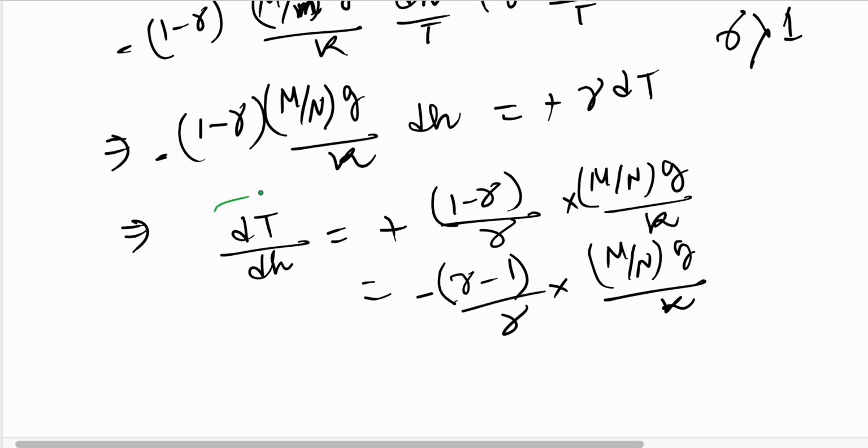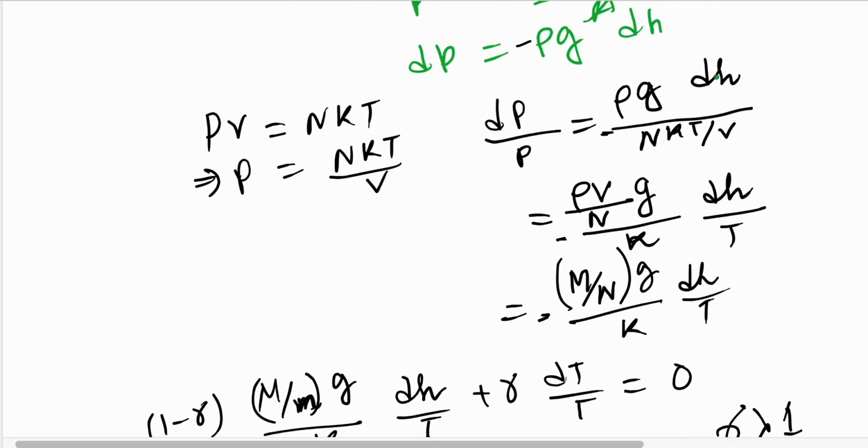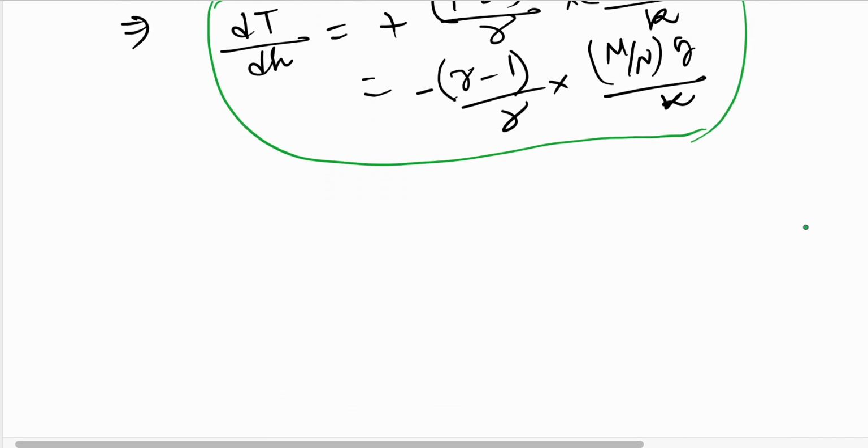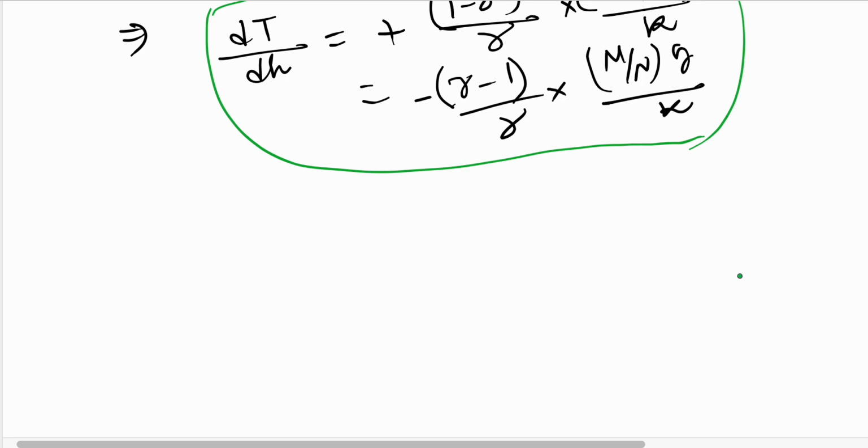This physically tells us that if I increase my height from the ground, the temperature of the atmosphere should decrease, because this is negative. The gradient should be negative, so as I increase my height, the temperature should be lower and lower.